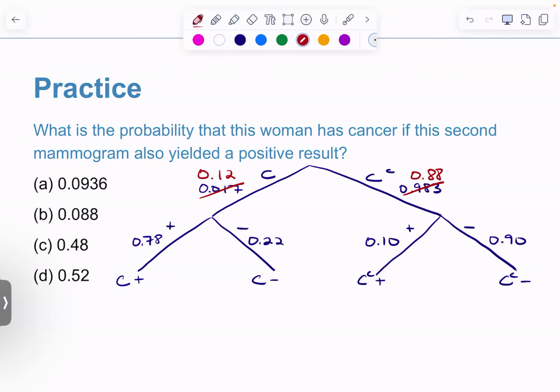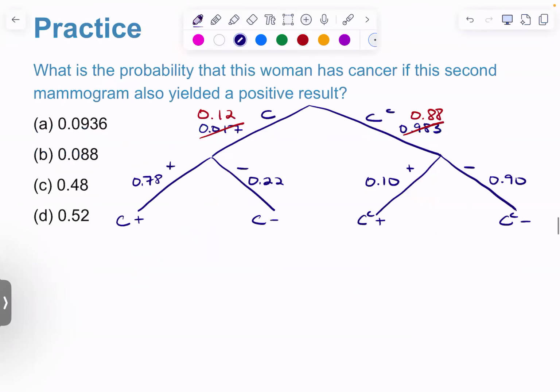Now, if I multiply down these branches, what do I get? I get 0.12 times 0.78. I get my new probabilities, 0.0936, 0.12 times 0.22, 0.0264, 0.88 times 0.1, just multiplying down the branches, 0.088 and 0.88 times 0.9, 0.792.